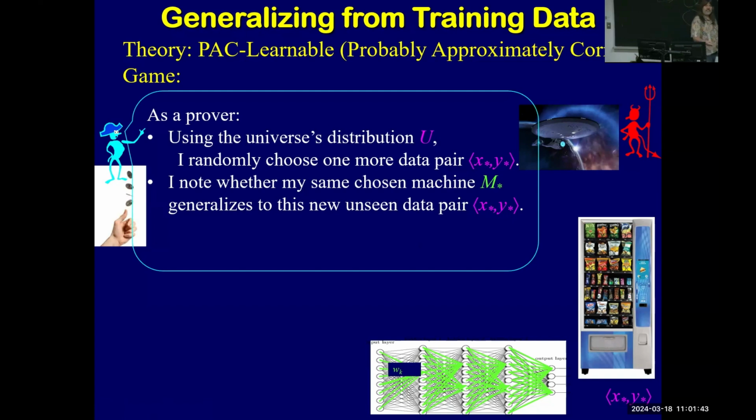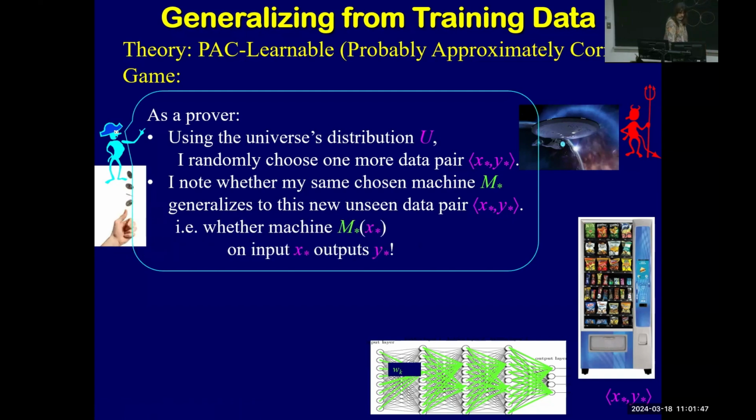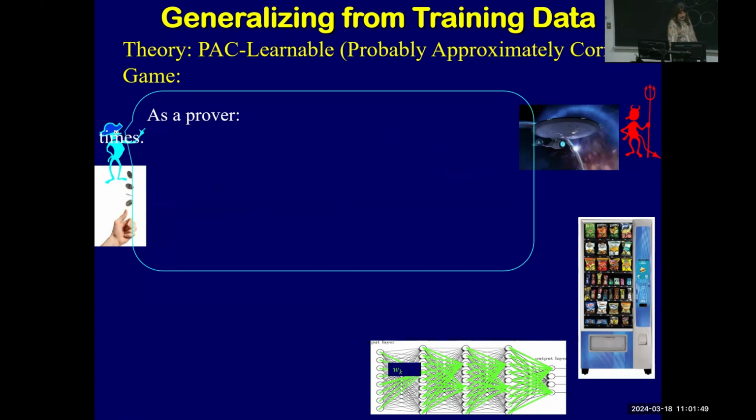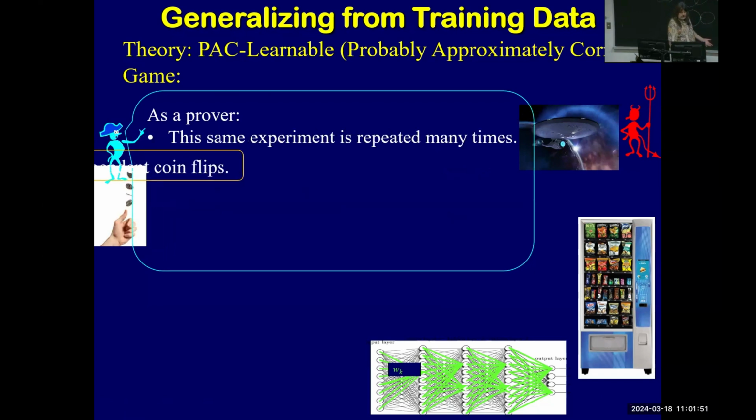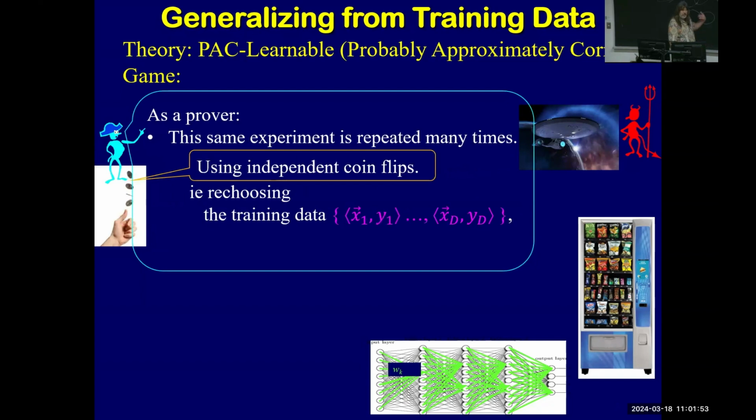Everybody get that? That's an experiment, right? We check to see whether it gives the right answer, all right? So we repeat this experiment many, many times, right? Many times we choose random training data, we select the machine, we grab some unknown data, we check it on our machine, right? Does that make sense?